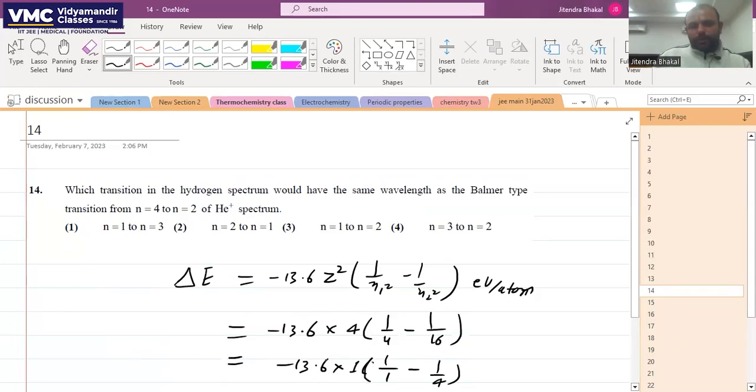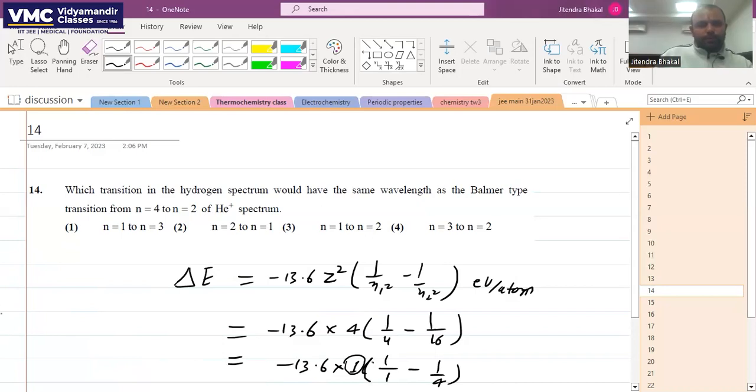For the hydrogen atom, Z equals 1, so we can compare this with delta E of hydrogen. N1 and N2 are 1 and 2.